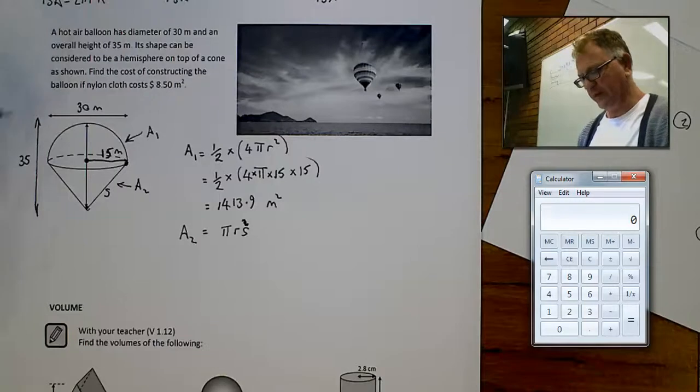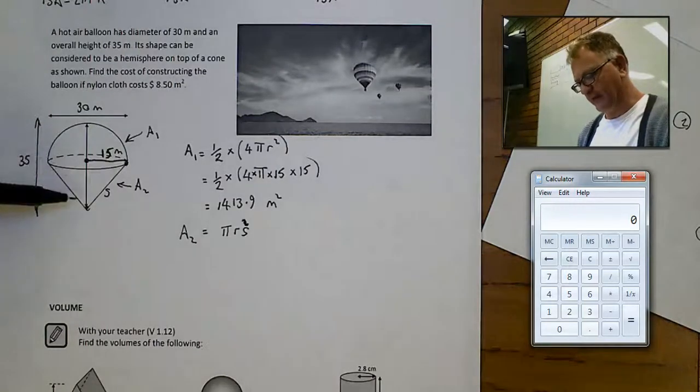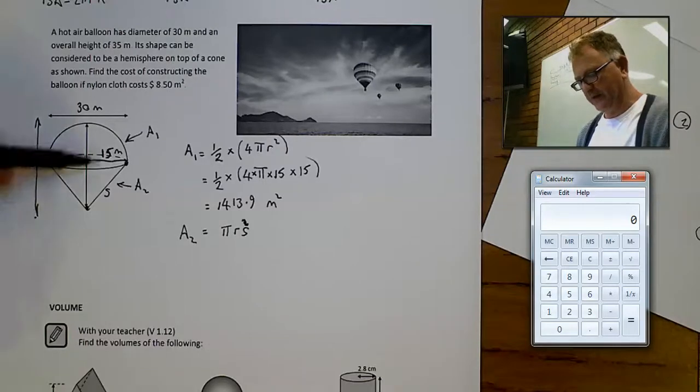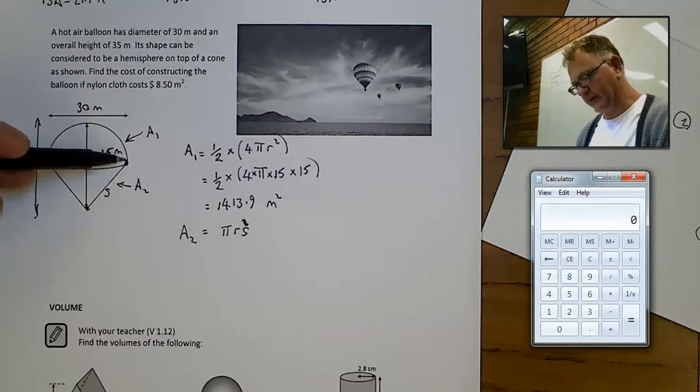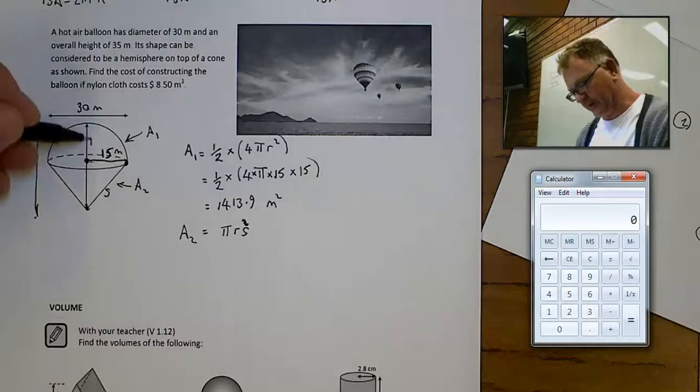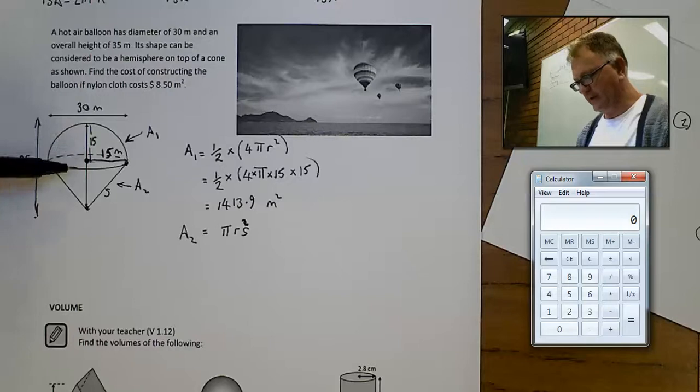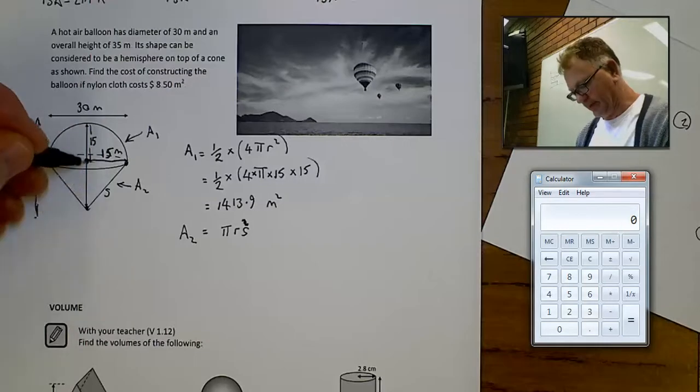But I'm looking at this cone carefully, and I do know the height of the cone from the base to the centre. I know its vertical height, because we were told that it's 35 metres up there. The radius of this sphere is 15, so that bit is 15 as well, doesn't it? If it's 15 from there to there, then this bit from here to here must be 20 metres.